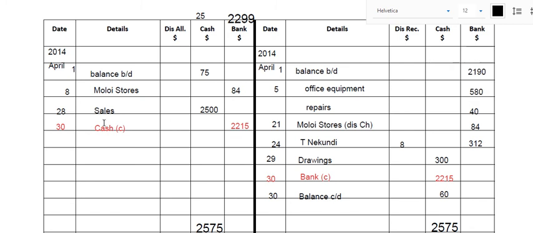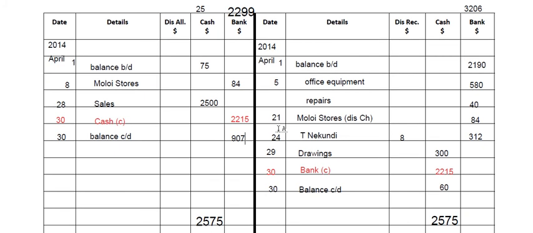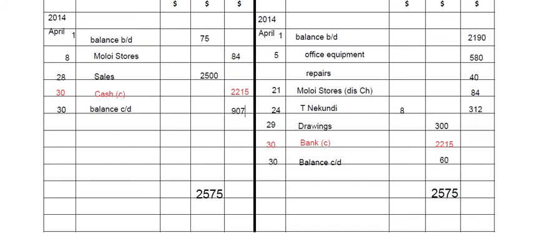So for the bank we will enter the balance now. The balance carried down in the bank column is 907, and now we can add up the totals. So the bank column on both sides should add up to 3206.